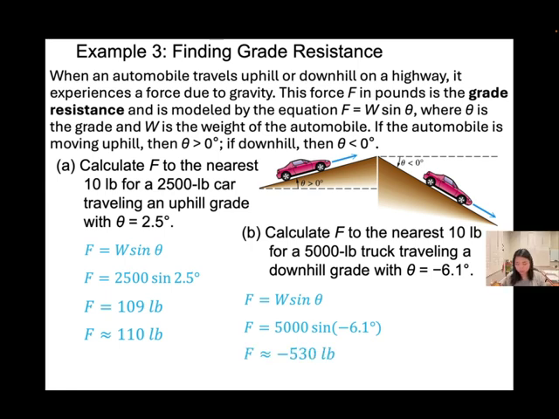You should get negative 531.3. Rounded to the nearest 10 pounds, that's negative 530 pounds. You can see the force is negative, I think because it's going downhill here.